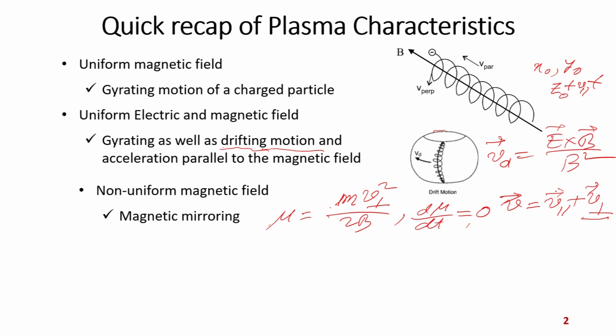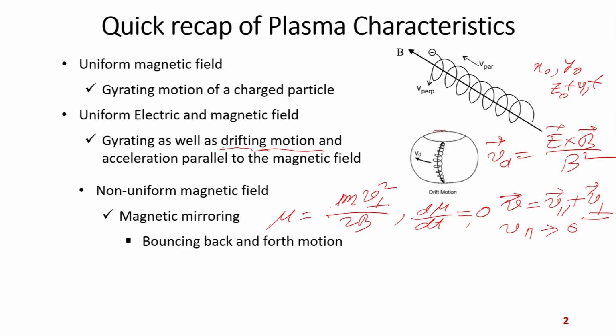What does it mean? The parallel velocity, that is, the velocity of the particle moving in the direction of the magnetic field, will decrease, and for sufficiently high values, this v parallel can tend to 0. Zero means it will stop, but still the force acts on it, and as a result it swings back. This is called the magnetic mirroring effect.